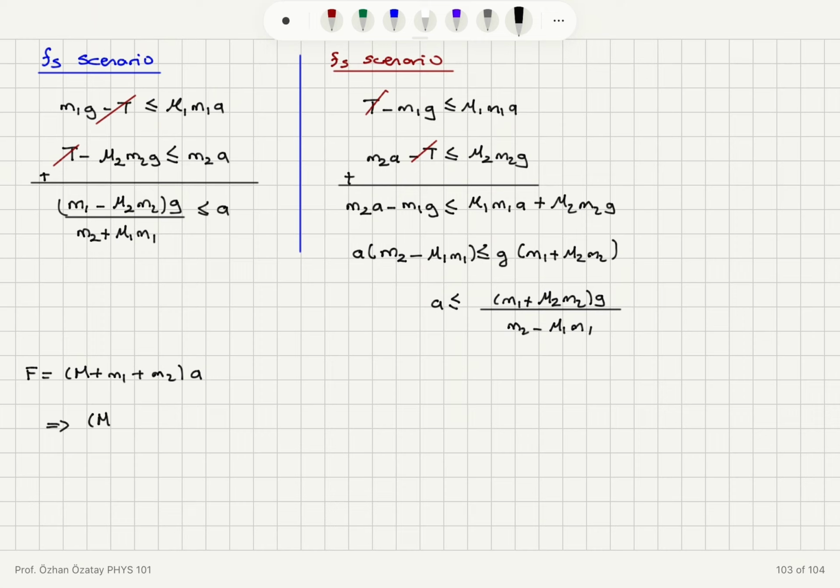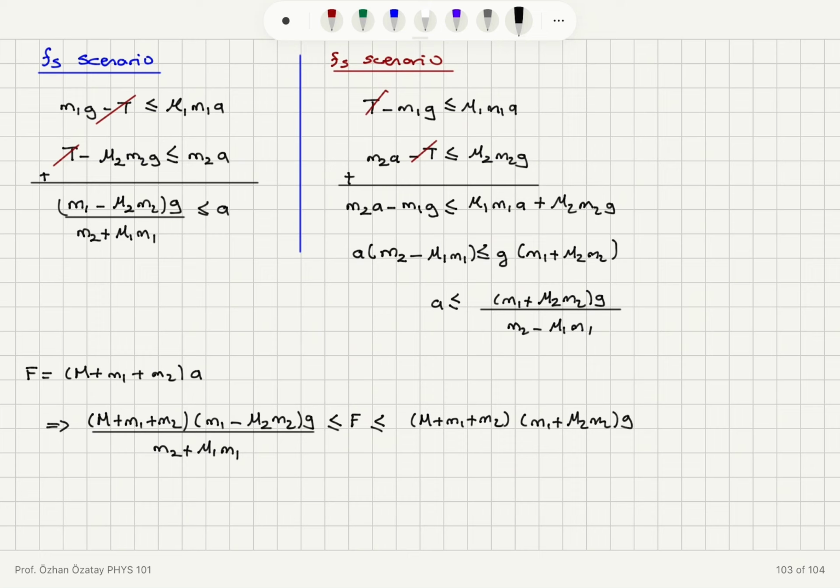The force F is (M plus M1 plus M2) times (M1 minus mu2 M2) G divided by (M2 plus mu1 M1), that's the minimum value of F, less or equal to (M plus M1 plus M2) times (M1 plus mu2 M2) G divided by (M2 minus mu1 M1).